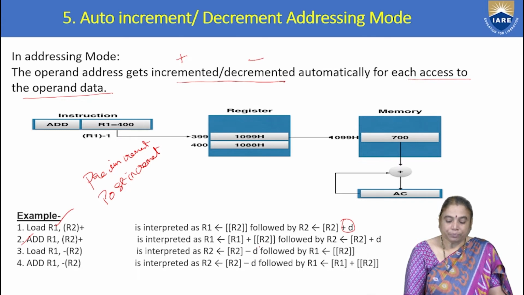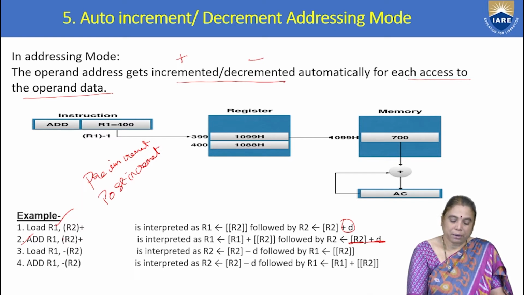R2 is incremented by the size of D, and that location is used to receive the content of the second number, which is added with the first register value, and the sum is stored in R1.